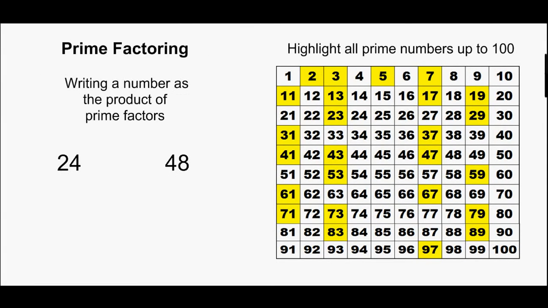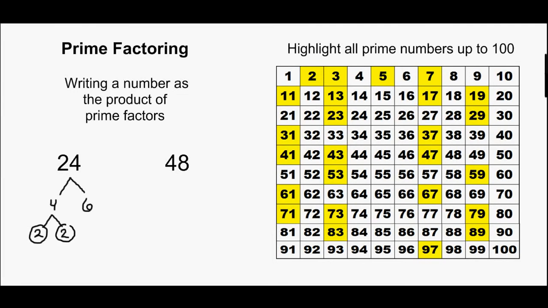Next, let's prime factor the numbers 24 and 48. What's nice about prime factoring is regardless what two factors you start with, you'll always come out with the correct factors at the end. 24 I can break down into the numbers 4 and 6. 4 can be written as 2 times 2, and we know that 2's are prime.